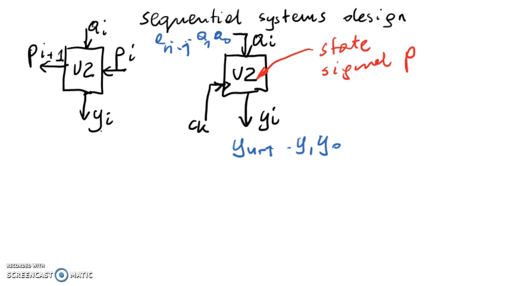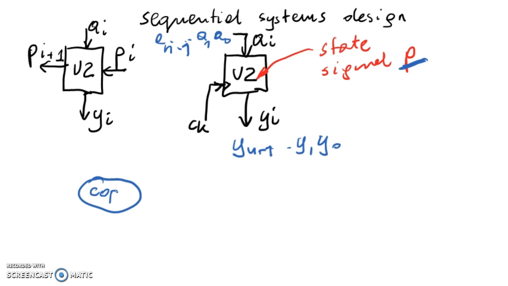How to start? We must think about the signal P as a state signal, and it is enough to have only two states. The first state will be associated with copying.